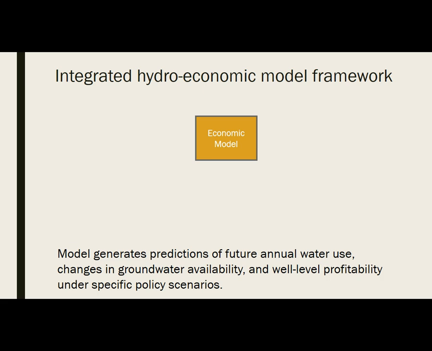And that economic model is going to be informed by an agronomic modeling structure that dictates the trade-offs of water and yield as a function of soil, climate, and water attributes.